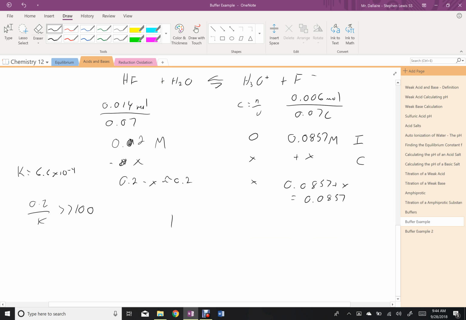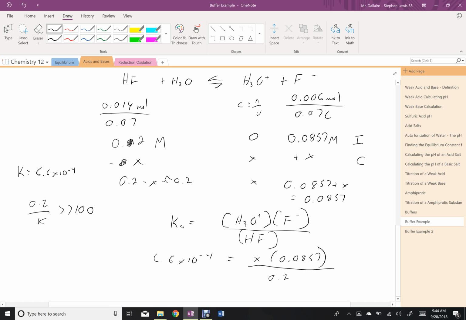So my Ka expression here for my acid is H3O+ times F- over HF, and that's my Ka, 6.6 times 10 to the negative 4. And this is x, and this is 0.0857, and this is 0.2. So 6.6 times 10 to the negative 4 times 0.2 divided by 0.0857, and I get 1.5 times 10 to the negative 3.